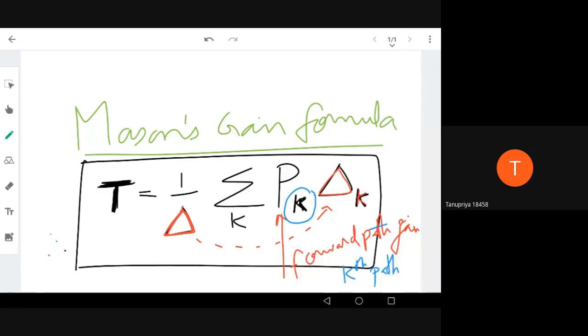There are a lot of paths in a signal flow graph or a block diagram, so we are talking specifically about the kth path. That is Pk. Pk stands for the forward path gain of the kth path. Okay, so this much is clear.